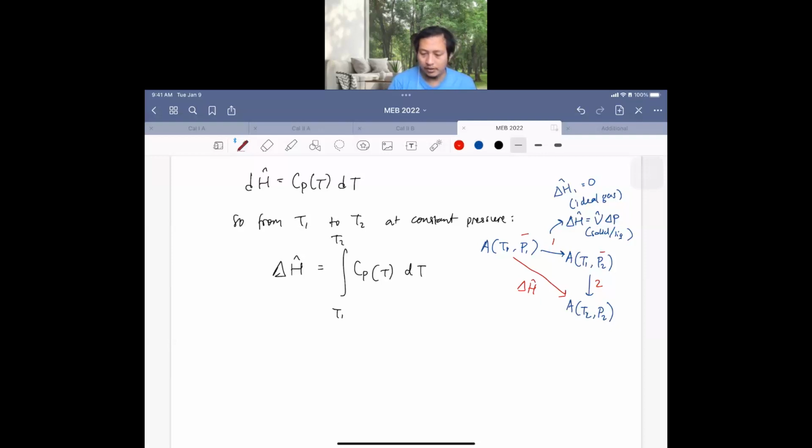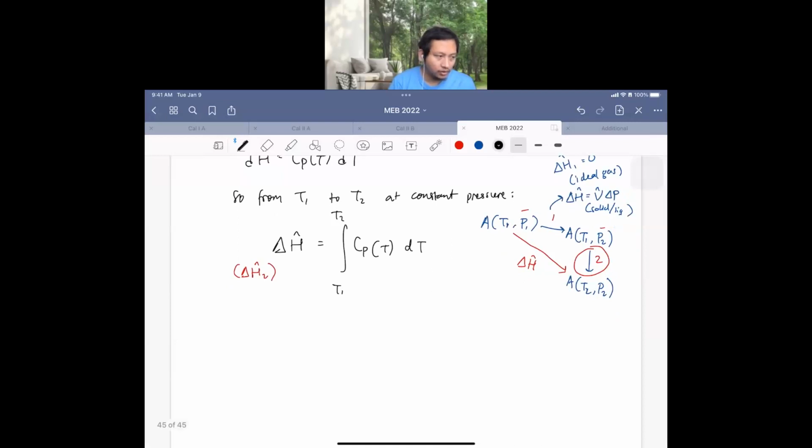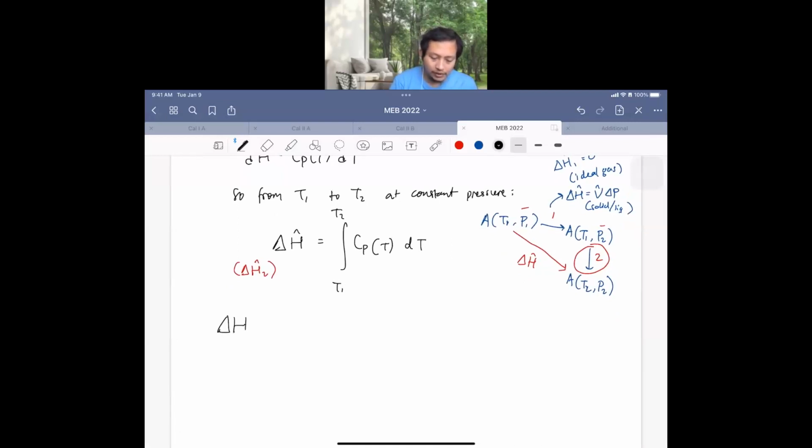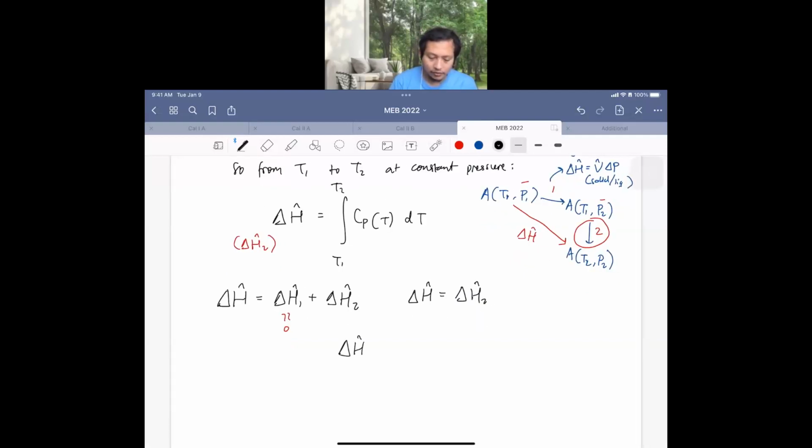So actually, what we have here is the second step, because we have the change only in temperature. So we could have the delta H, but since the first is going to be 0, we could have this equal to this.